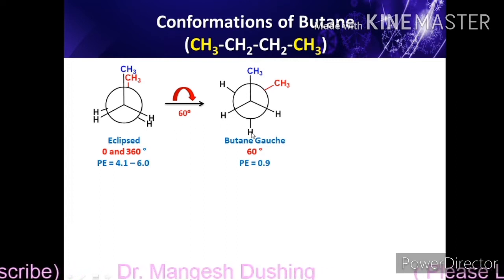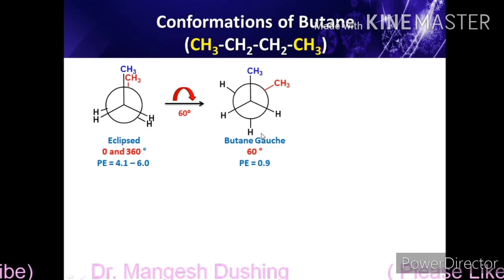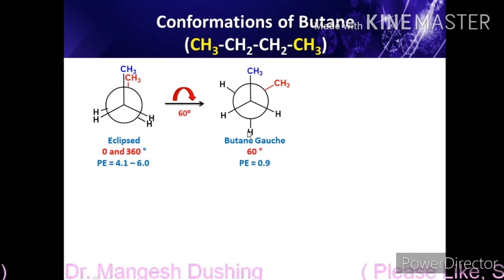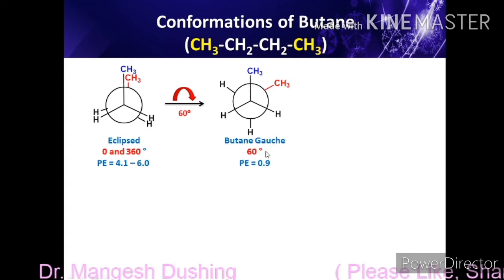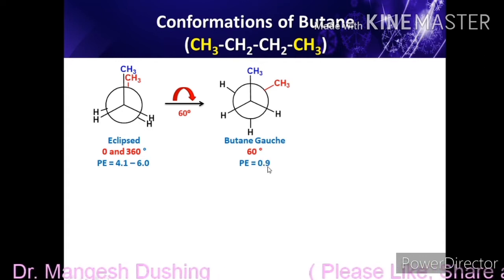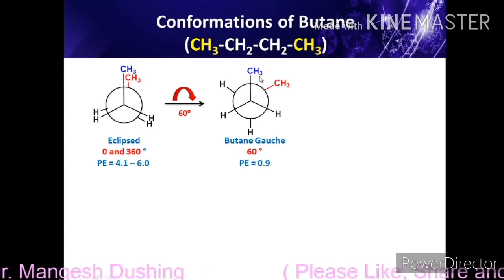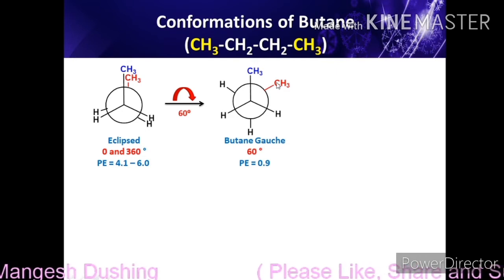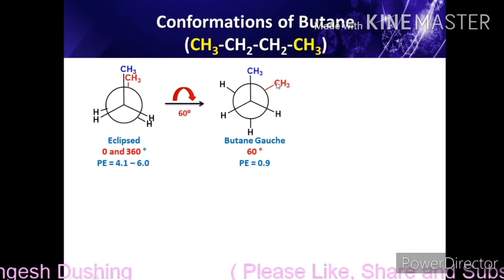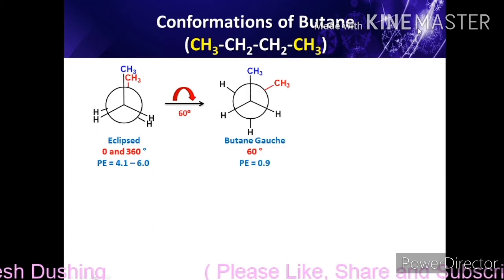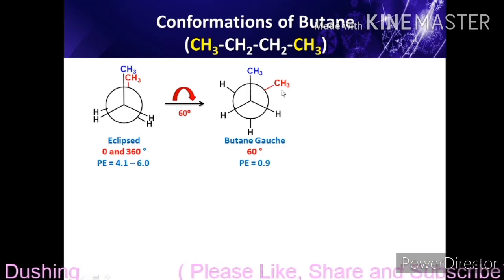Similarly, hydrogen hydrogen gauche interaction is again 0. So the total energy of the molecule is 0.9 kilocalorie per mole, due to the butane gauche interaction between these two methyl groups only.